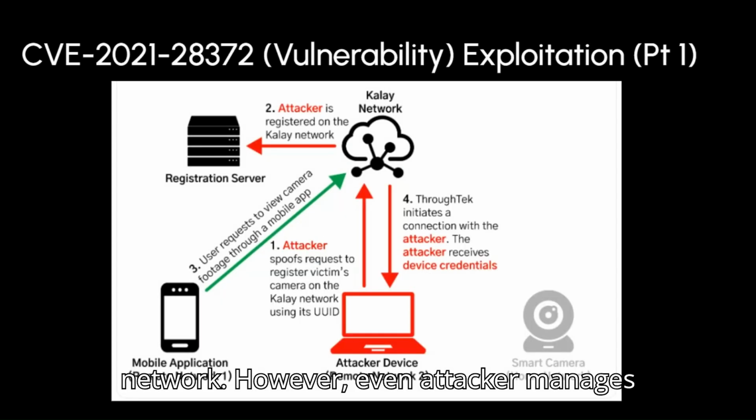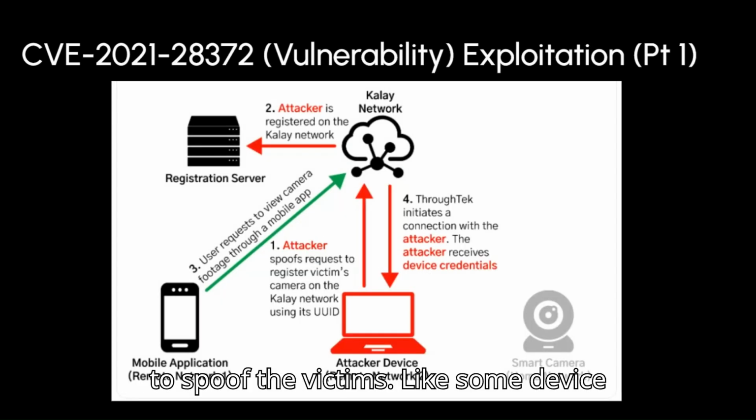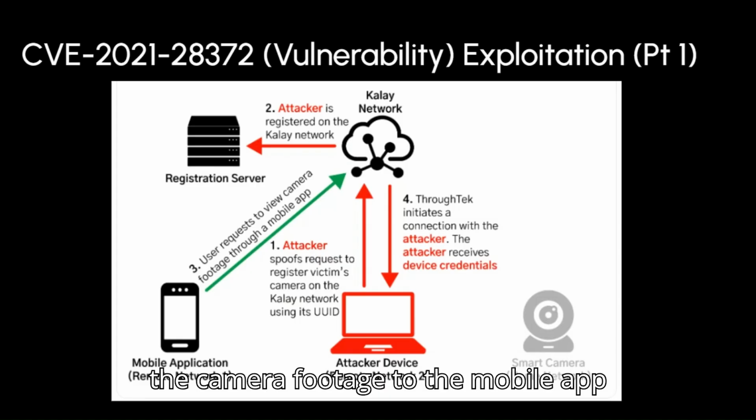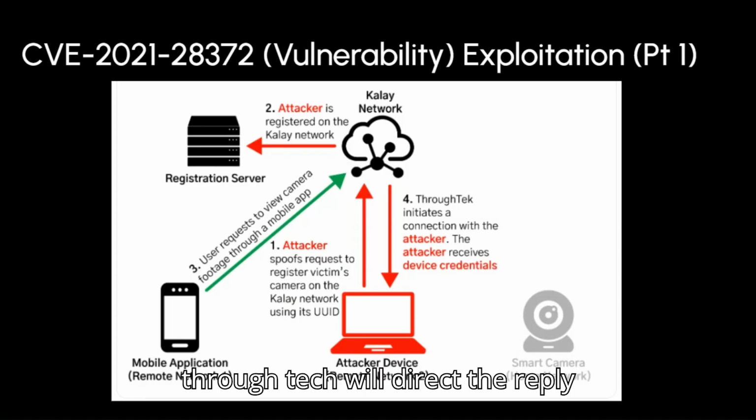However, if an attacker manages to spoof the victim's device, essentially its UID, it can send a registration request to the Kalay network with the attacker as the owner. So when the user requests to view the camera footage through the mobile app, ThroughTek will direct a reply to the attacker instead of to the user, which will provide the attacker with the device's credentials.